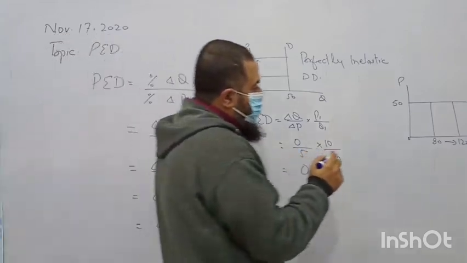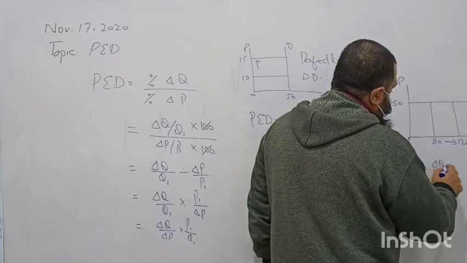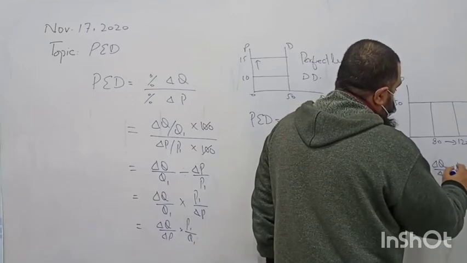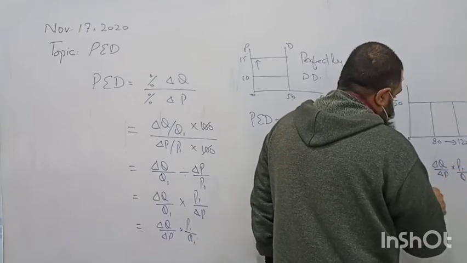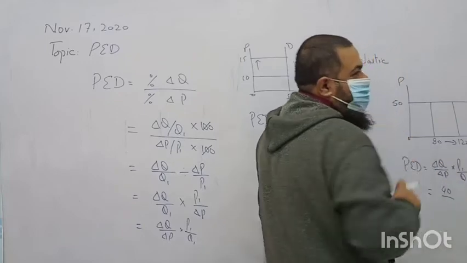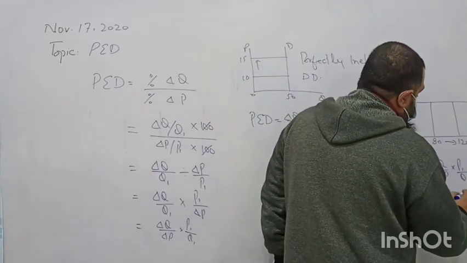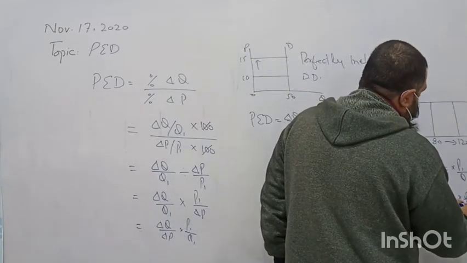If you put the formula over here, price elasticity of demand is change in quantity over change in price into P1 over Q1. How much is the change in quantity? 40. How much is the change in price? 0. Original price was 50, original quantity was 80.